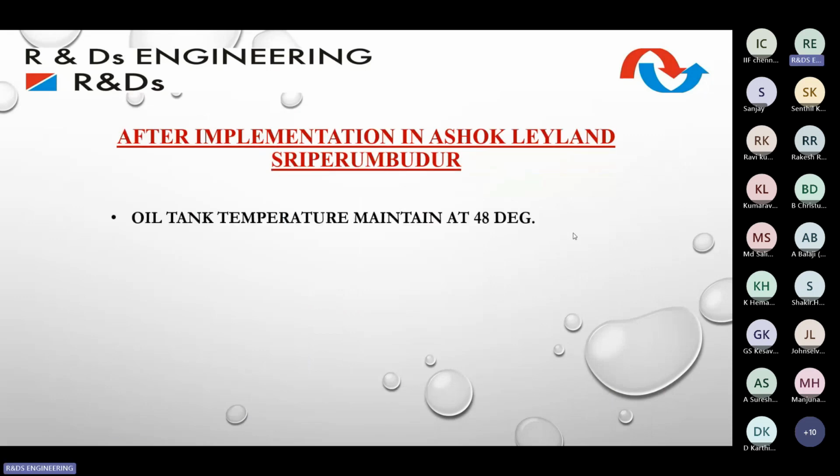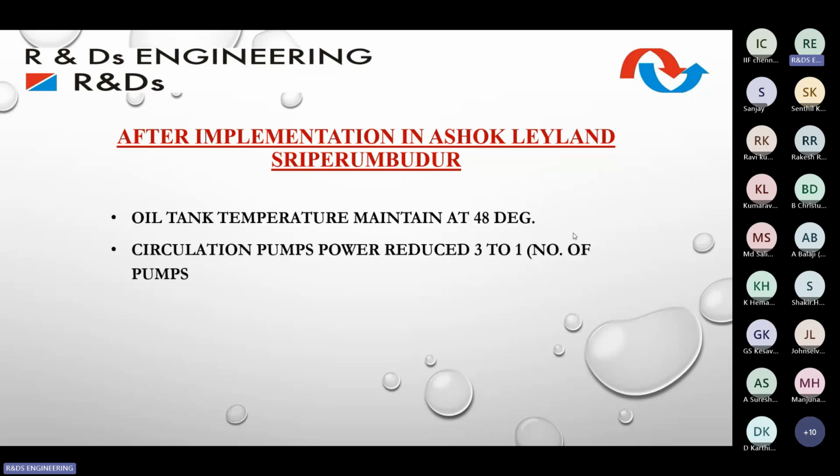Now we did this implementation. We did the studies and took all the current data from the team, and we did the design with the heat exchanger. If you see now, the same hydraulic system could maintain a temperature of around 48 degree.